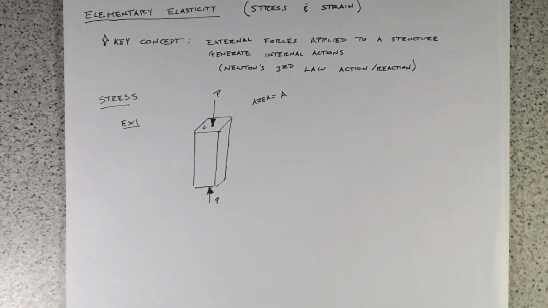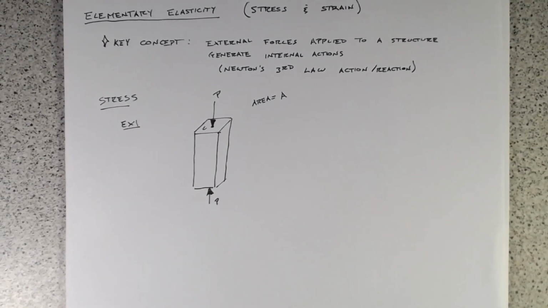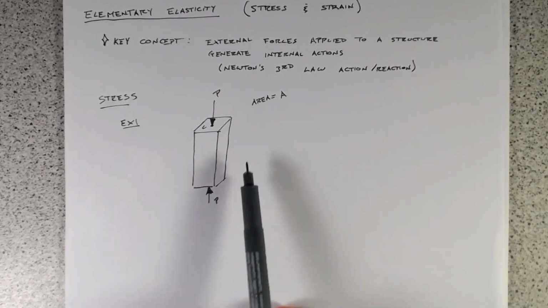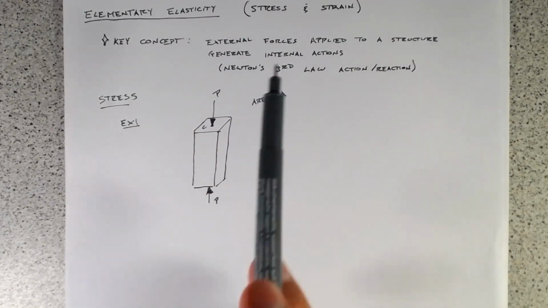So we know how to deal with this problem now from a statics point of view, where we can sum the forces in the y direction and solve for any unknowns, and you already have lots of practice with that. If we want to look at this key concept, we know the external forces part. Well, what's the internal action?